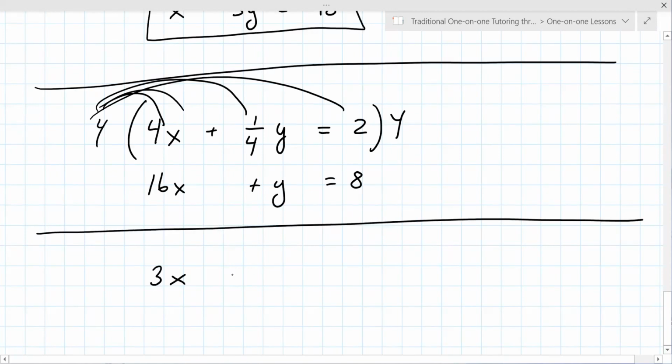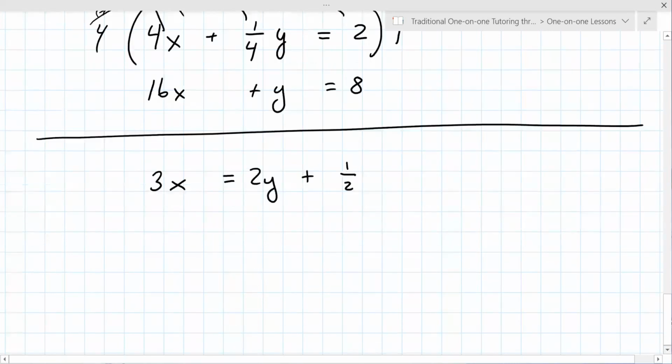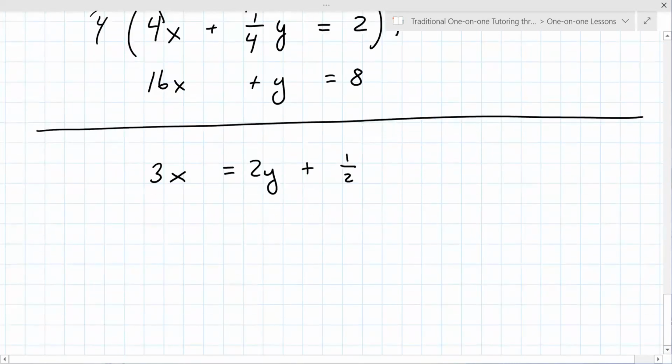3x equals 2y plus 1/2. It's not standard form, so you multiply by 2. Well, you can do that. That's good to do. So multiply everything by 2 and tell me what you get as a result.